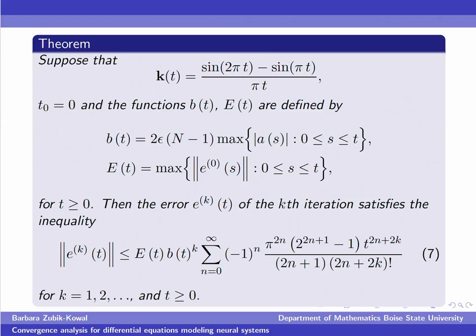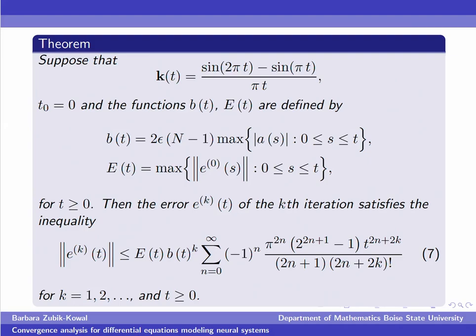Now, this theorem presents a sharper error bound than the error bound presented in theorem 1, if the kernel bold K is defined by the quotient involving the sine function evaluated at 2 pi t and pi t as inputs, and if T0 equals 0, then the error bound is given by inequality 7.